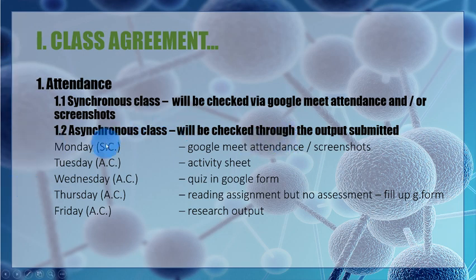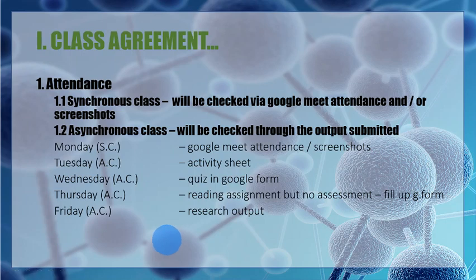For example, Monday is the day when we will have our synchronous class, so the attendance is via screenshot or Gmeet attendance. For Tuesday, Wednesday, Thursday, and Friday, we have asynchronous classes, so the only way for me to check your attendance is through your submitted outputs.